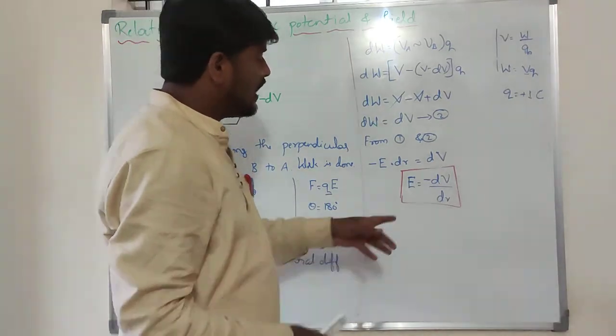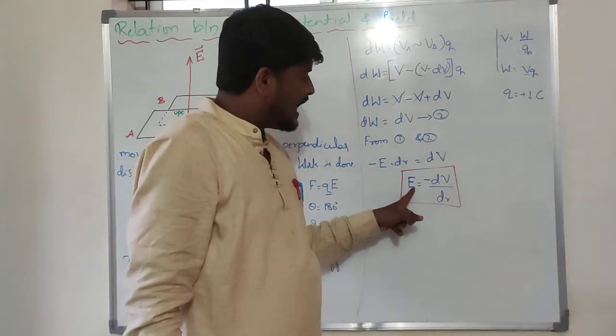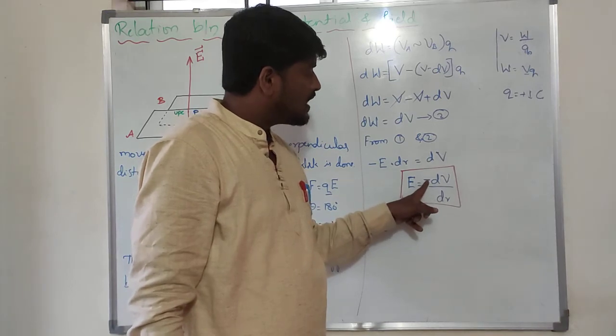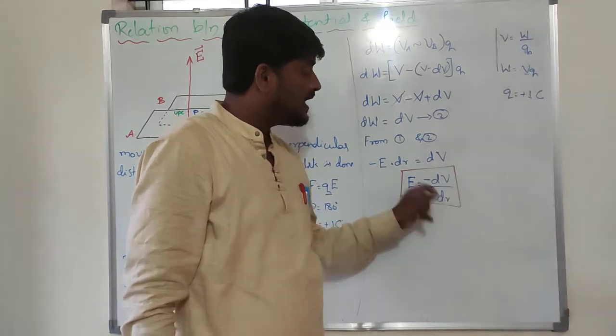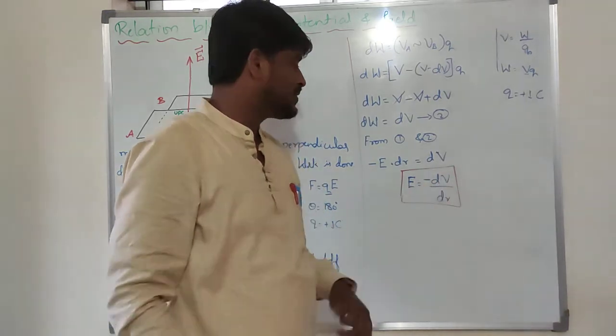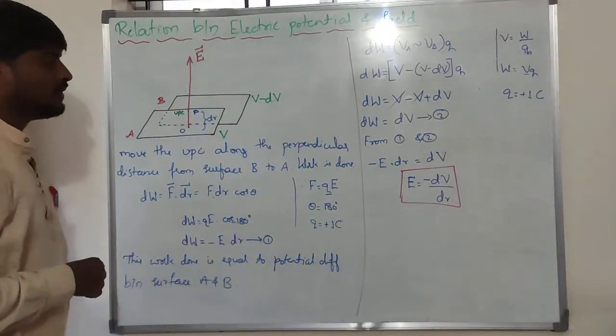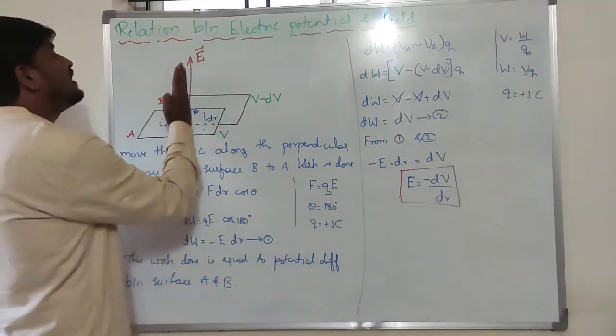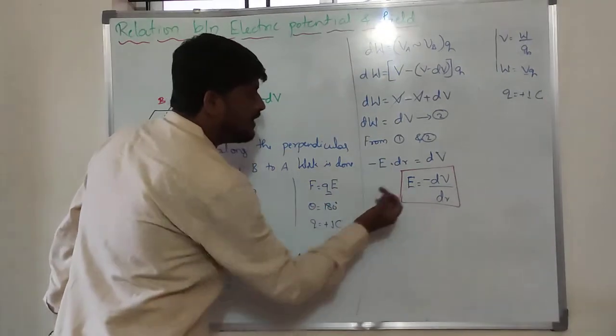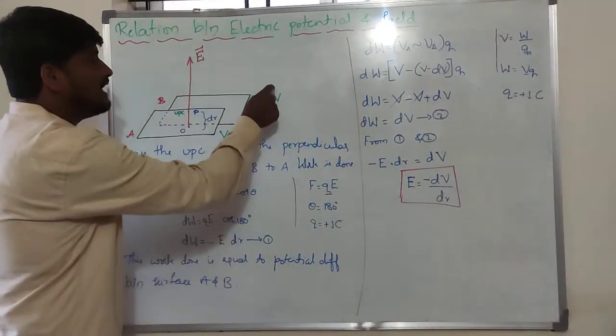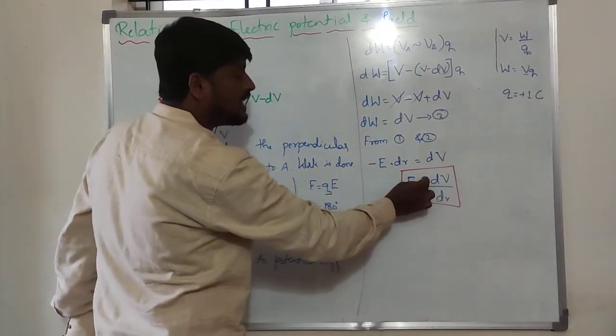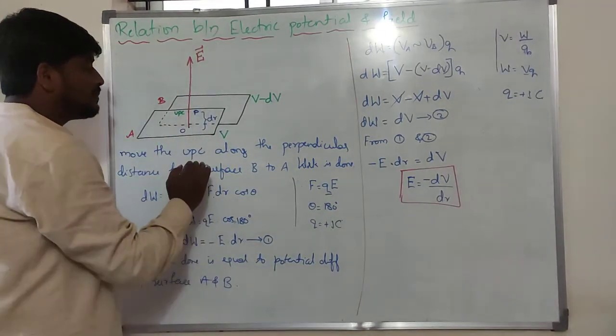Friends, if you look at this equation, electric field is equal to negative of dV by dr. What exactly does it indicate? Look at this. Come to the diagram. Here, electric field is going upward direction. Electric field is there. dV is there. dV is here. It is associated with the negative sign. What is the meaning of that? That means what?